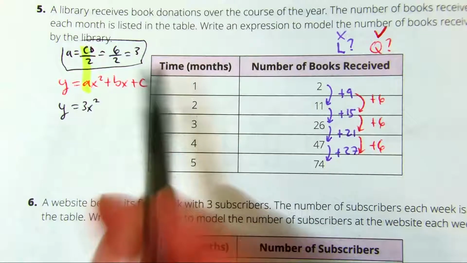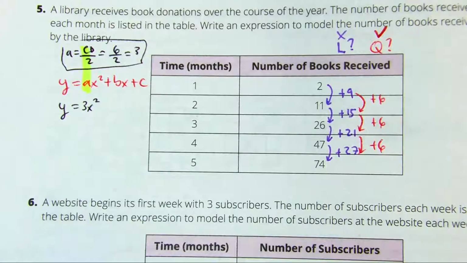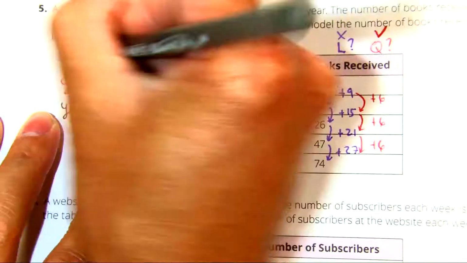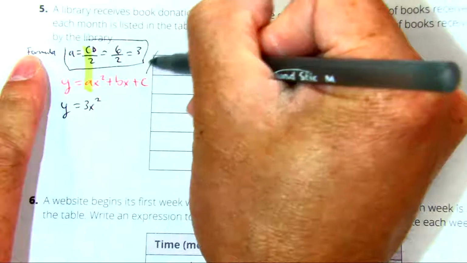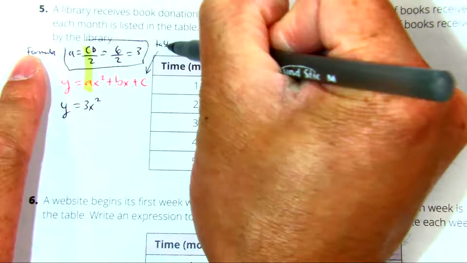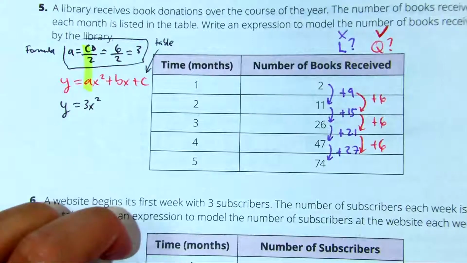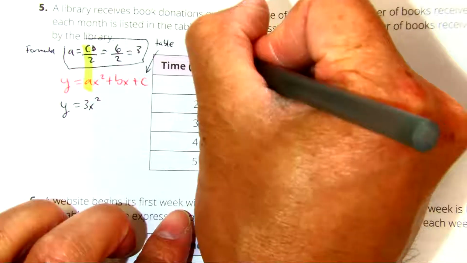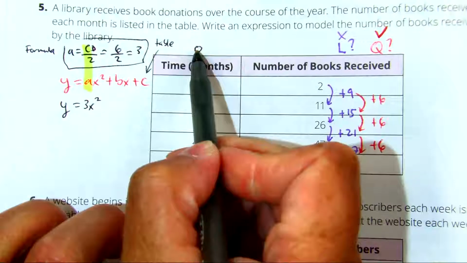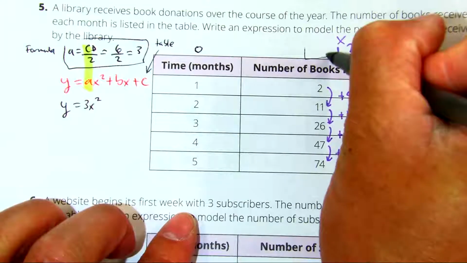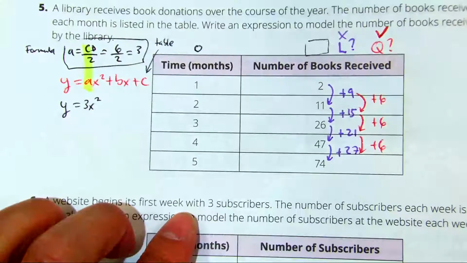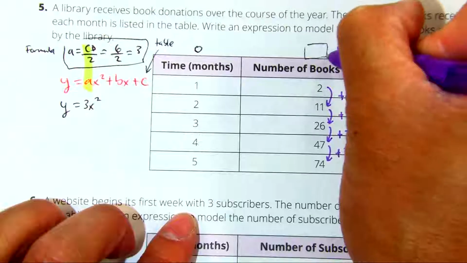To find the C value, you're going to have to use the table. So A is a formula. C, use the table. And in the table, you're going to have to work backwards till you get 0. Question: what number can we put in here so that if I add, what's the next number here?